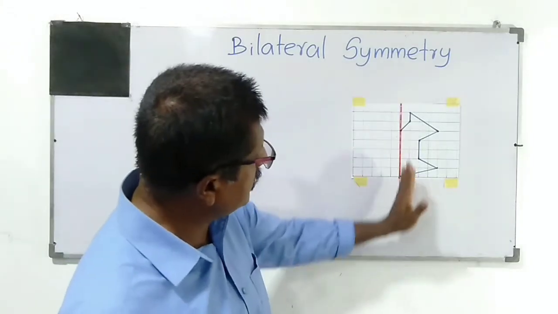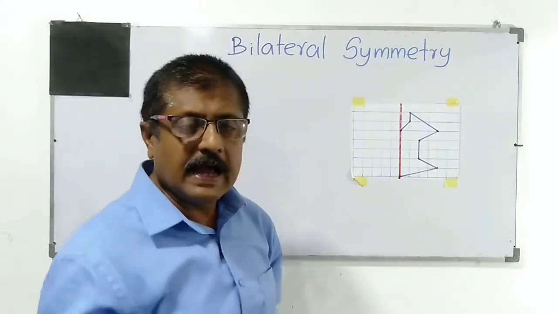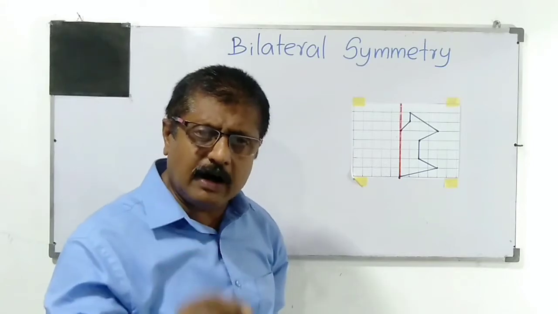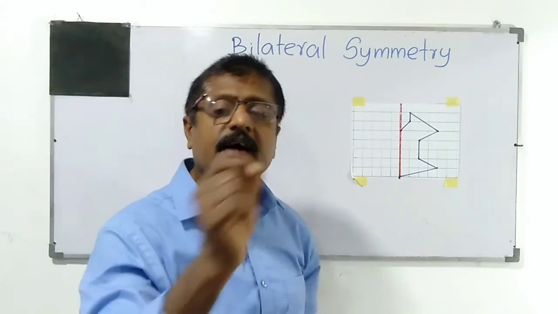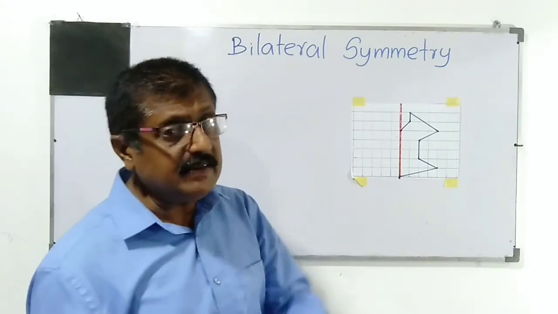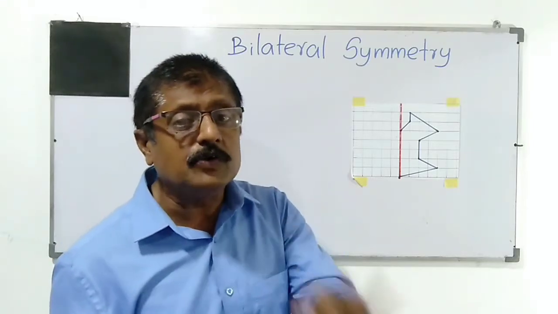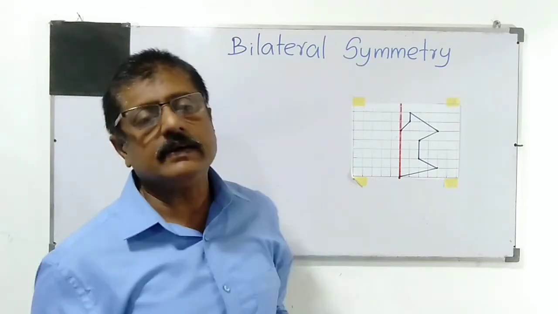And you will be asked to create the other half of this figure. As it has been drawn on a square ruled paper, it's easy. How can you draw it?